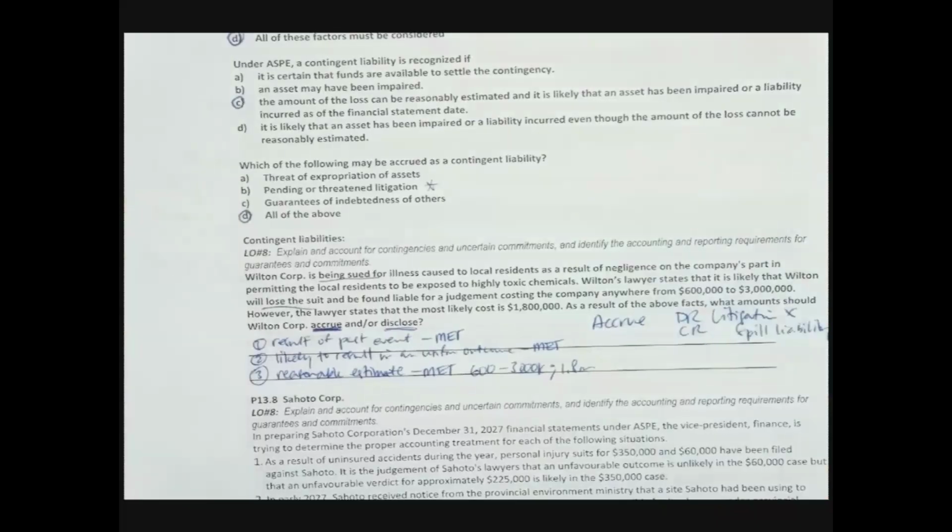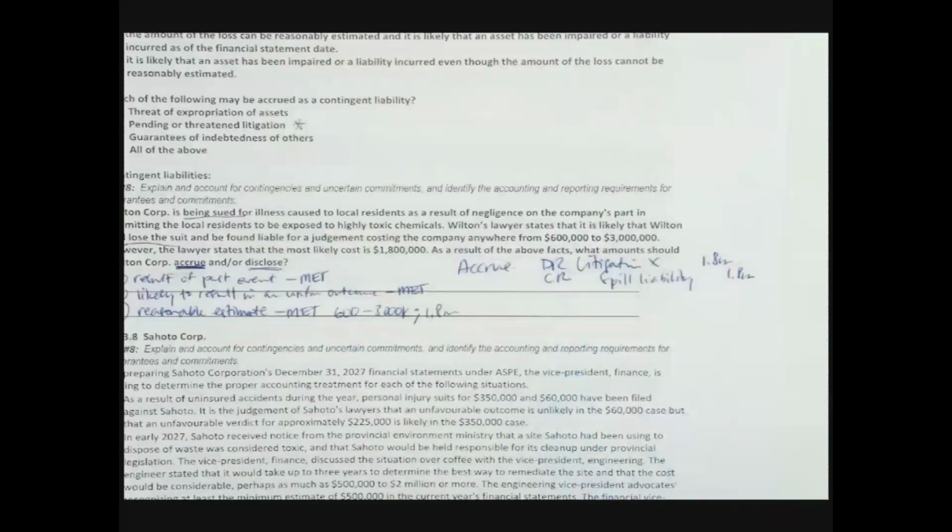I'm very open to whatever descriptive account names you want to use, as long as I see that it's a liability.